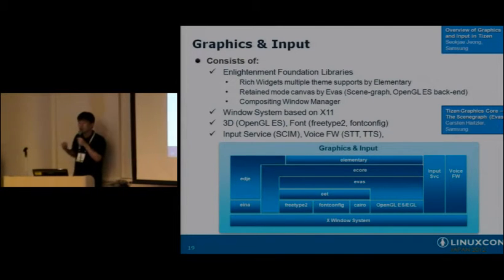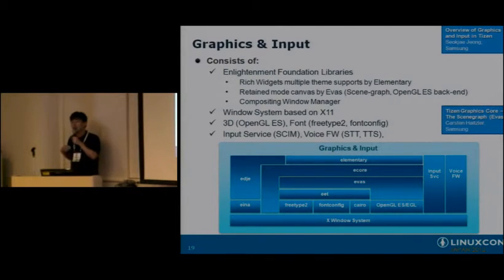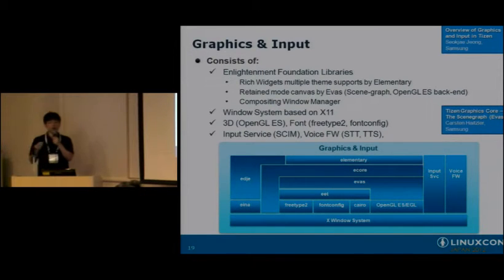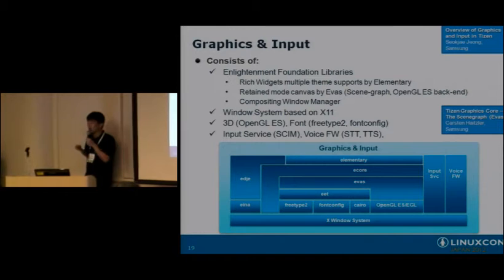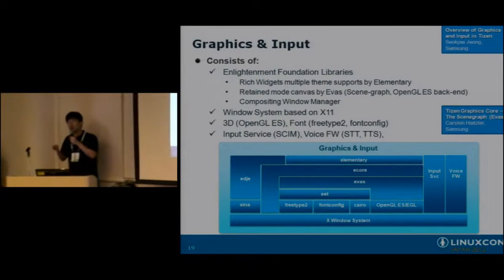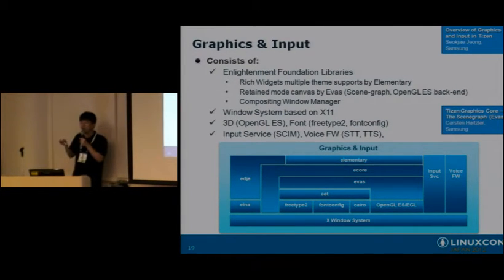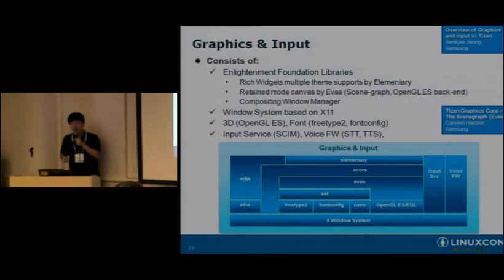There is a rich widget set, which supports multiple themes, and basically all those widgets are scalable, so you can give a scale factor as an environment variable, then your application suddenly scales down or up based on that value. These widgets are in Elementary, which is part of the Enlightenment Foundation Libraries.